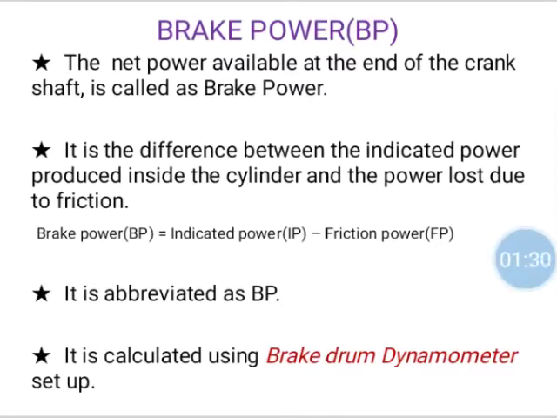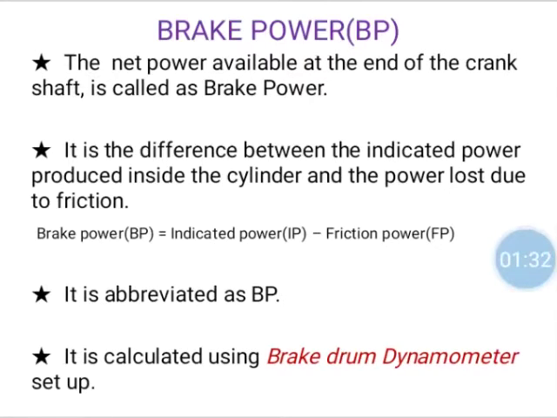That's why some portion of the power developed inside the cylinder is lost in overcoming friction. That power is called friction power. Therefore, brake power is nothing but indicated power minus friction power.